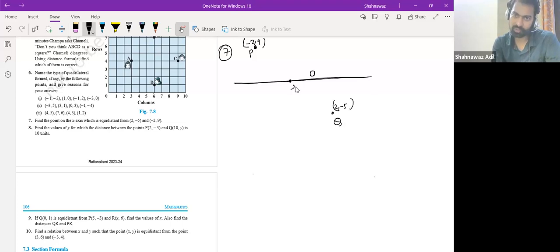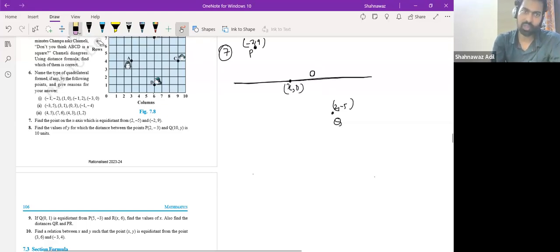It is 0. The y-coordinate is 0, and we don't know the x-coordinate, so let's say it is x. So the point is x comma 0.